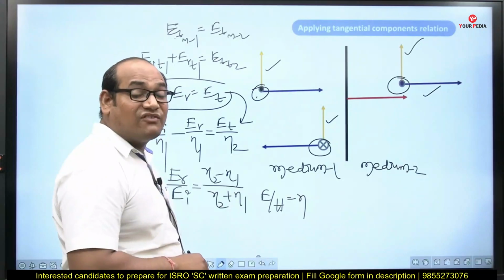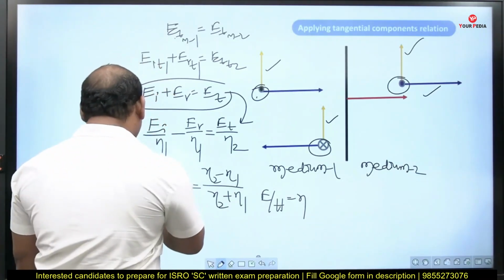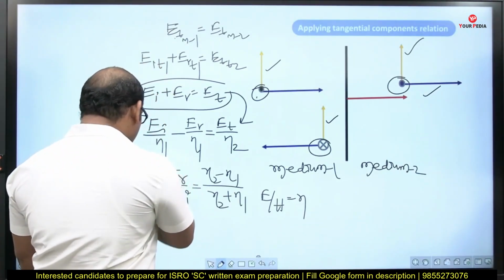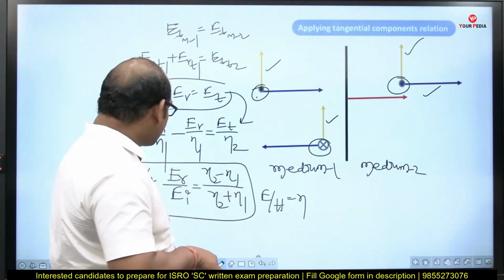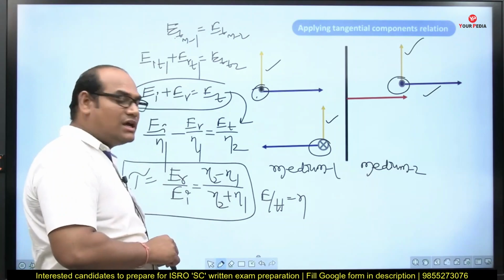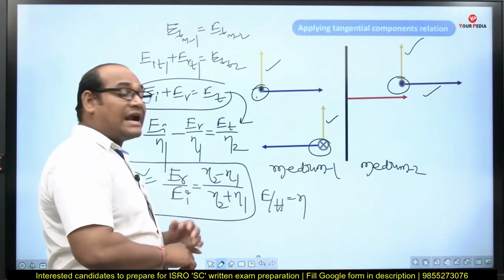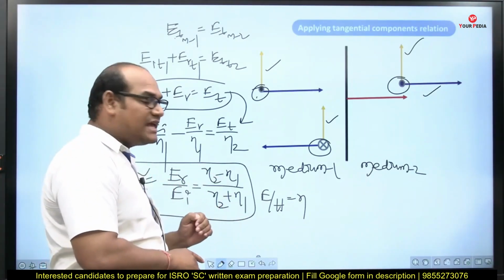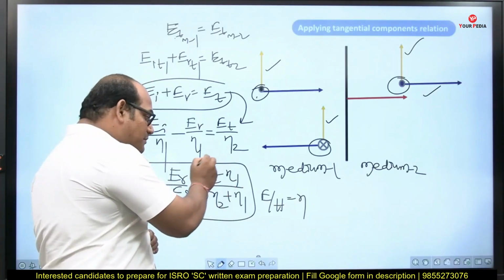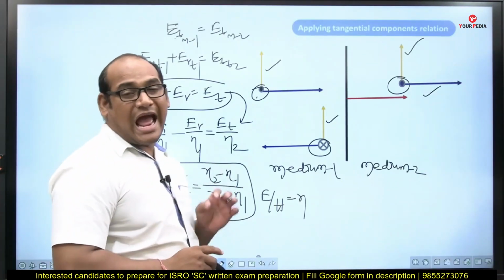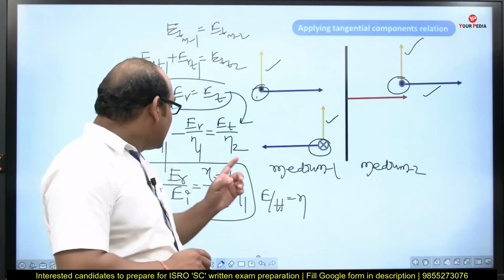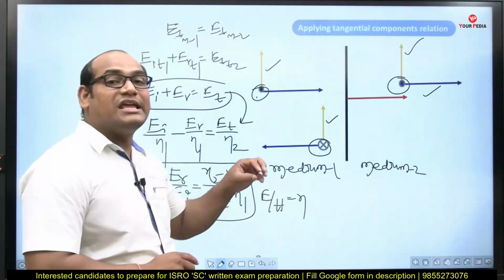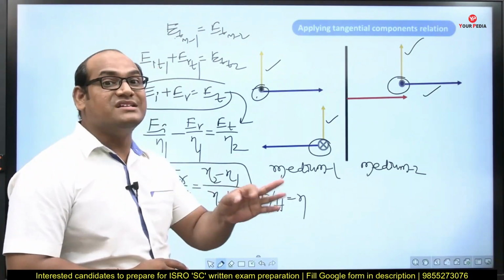This is called the reflection coefficient, represented by tau. Tau is the ratio of the reflected electric field to the incident electric field, and in terms of the impedances it is eta 2 minus eta 1 by eta 2 plus eta 1. As I told in the beginning, the reflections are due to the change in the impedances.